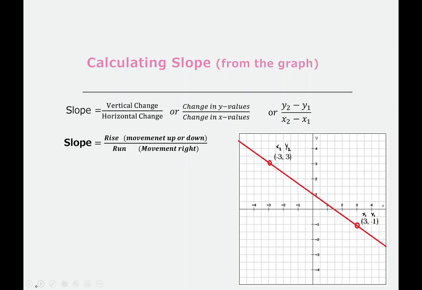So, our slope, let's calculate this together. We need to go from this coordinate down to this coordinate. So our vertical change, we're finding the difference between our y values. So if we follow this formula here, we have y2, which is -3, minus y1, 1.